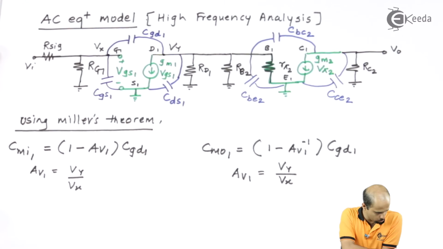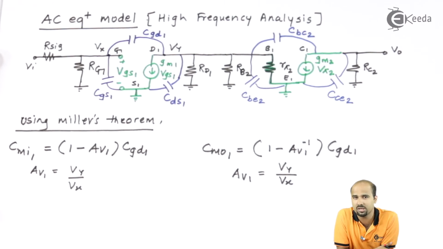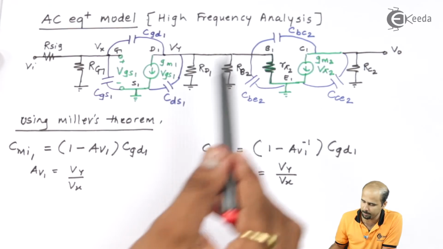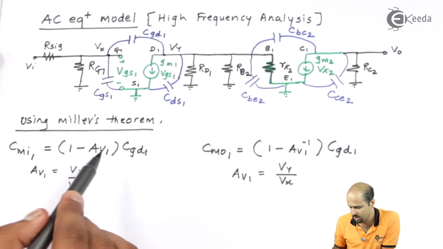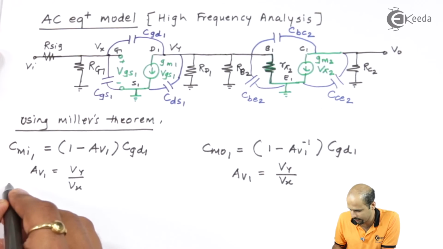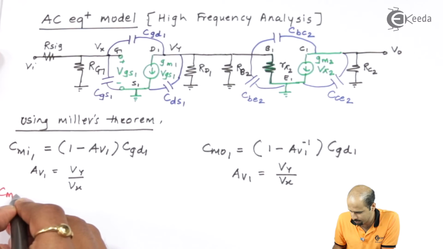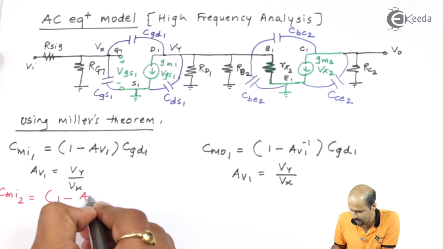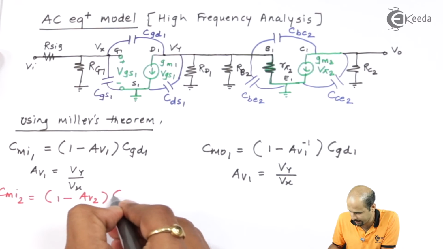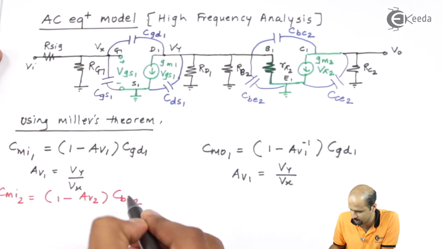As far as CBC2 is concerned, whenever I'm using the value for replacement using CMI and CMO, that is Miller's input capacitance and Miller's output capacitance, for replacement of this CBC2 the equation will be the same, just a few changes I have to make, right? So CMI2 will become 1 minus AV2 multiplied by CBC2.